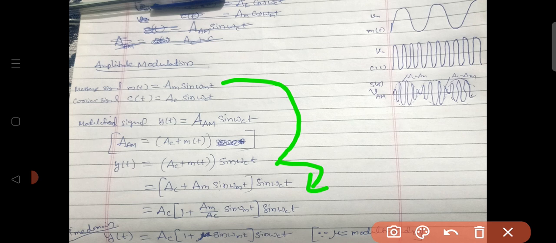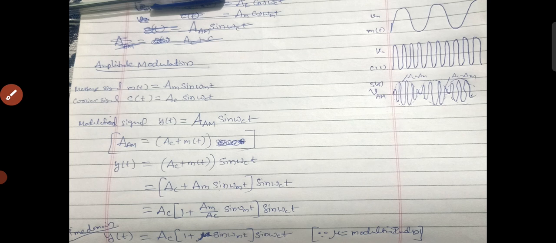Now you just take the amplitude of the carrier as a common term. So now the equation is like this: Ac into 1 plus Am by Ac sin omega mt, sin omega ct. Now observe the final equation: y of t equals Ac into 1 plus Am by Ac, indicated by mu.